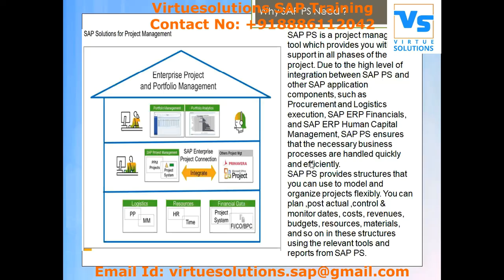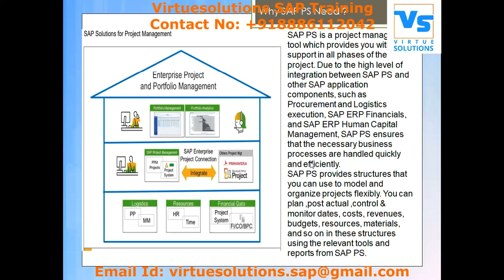We have approximately 108 modules in SAP. Wherever required, you can connect with it as a project management tool. Also, you can do the scheduling on this. You can do resource management and resource planning. You can do the cost planning, the budget management, and the revenue planning.